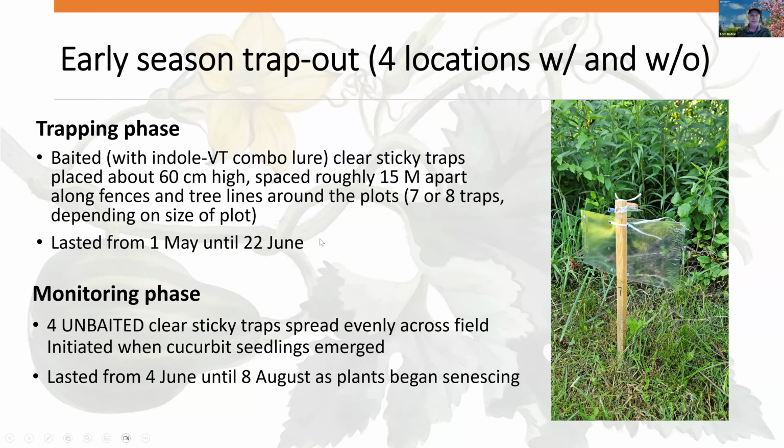And granted, we could have used yellow sticky traps that might have been a little more attractive, but then they might have also caught a lot of non-targets. So we went with clear and just wrote totally on the lure itself, whether that was going to work. And basically, these were put about 15 meters apart, and we did it before there were any cucurbits out there. So the traps were put out. They caught beetles.